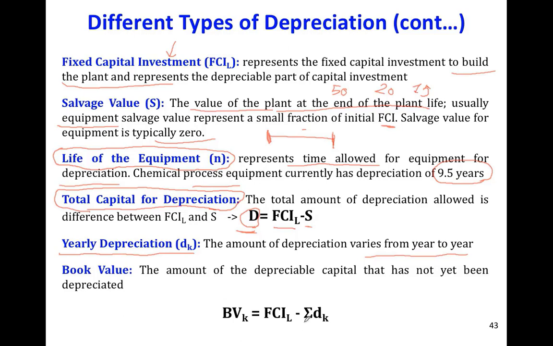So, as I said, the total depreciation value is the difference between fixed capital investment and salvage value. Initial, what we put at the beginning, what we have at the end. This difference is the total depreciation.